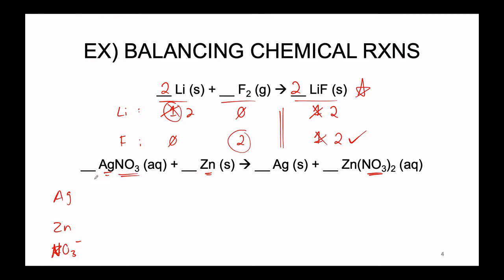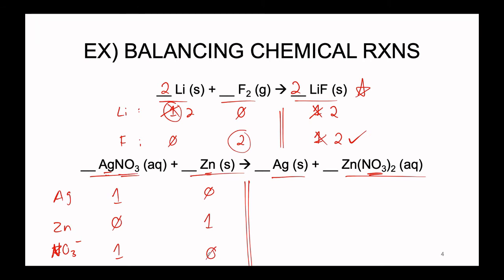All right, so let's again treat each of these groups like column headers, with our reaction arrow designating products versus reactants. In our first species, we have 1 silver, no zinc, and 1 nitrate polyatomic ion. And of course, with our zinc, we have no silver, 1 zinc, and no nitrates.